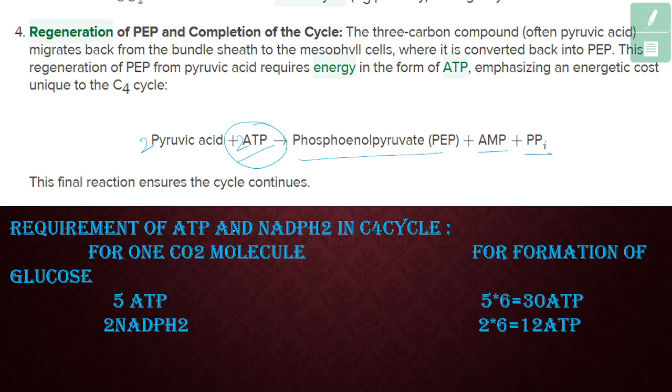So what is the energy expenditure in the C4 cycle? In the C4 cycle, 3 ATP are used in the Calvin cycle and another 2 ATP are used in the regeneration process.